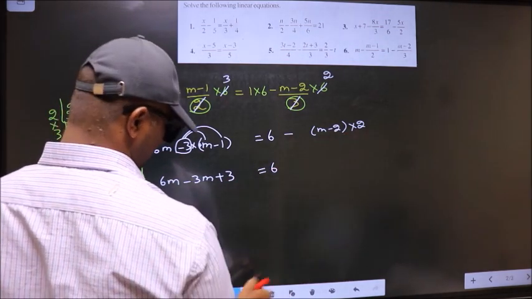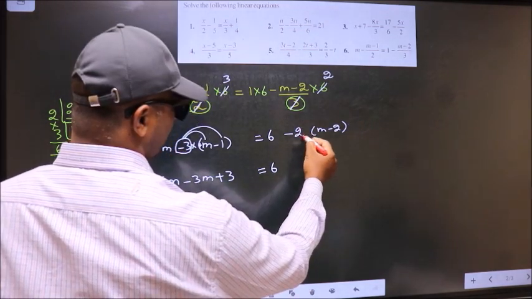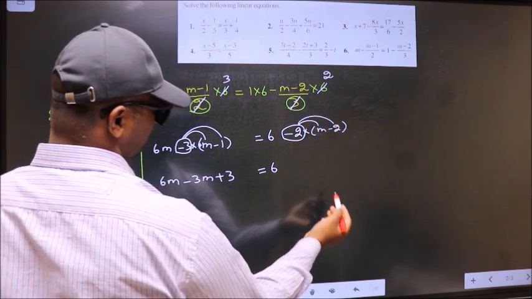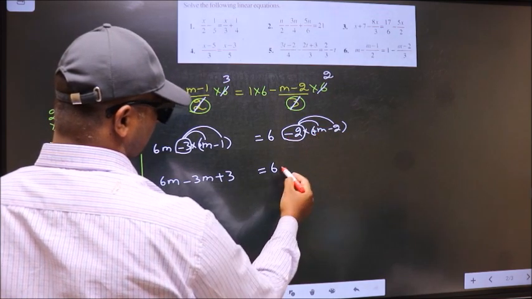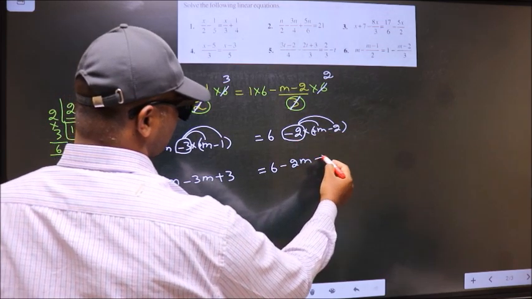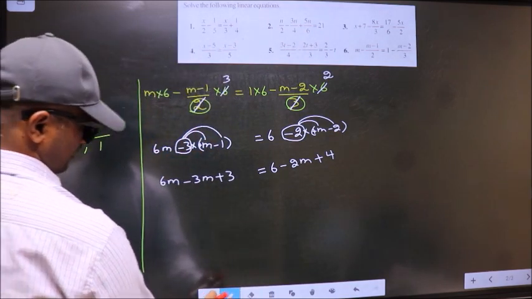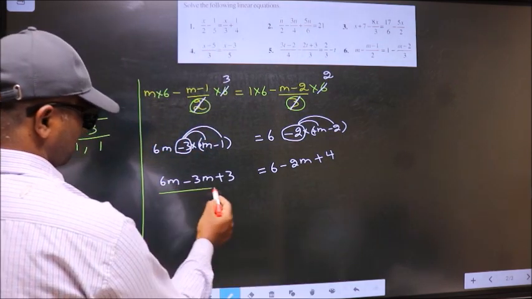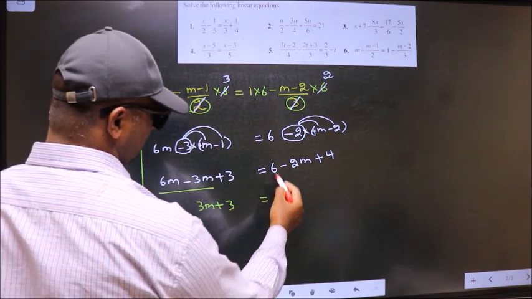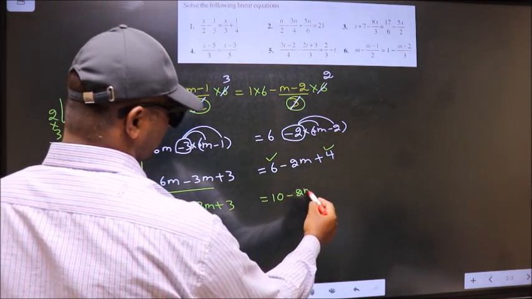Even over here also, I want you to write this into 2 before the brackets. Now you should open up the brackets with minus 2. So minus into plus, minus 2 into m, 2m. Minus into minus plus 2 into 2, 4. Now 6m minus 3m is 3m plus 3 equal to 6 plus 4 is 10 minus 2m.